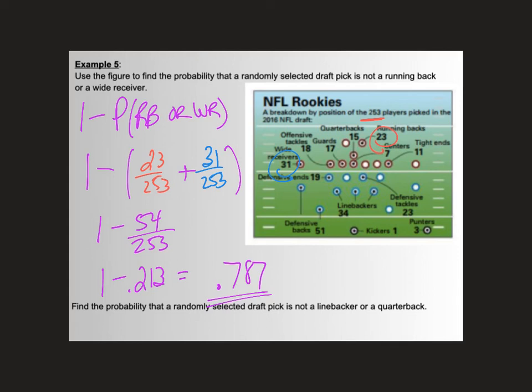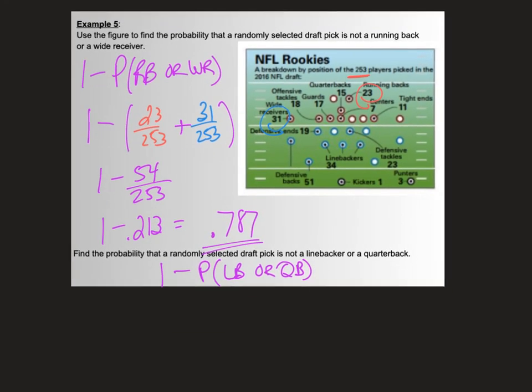So find the probability that a randomly selected draft pick is not a linebacker or quarterback. And again, the easiest way to do that is 1 minus the probability that they are a linebacker or quarterback. Okay? So when you look at this, I'm going to slide this up just a little bit. You're going to do 1 minus probability of linebacker. We got 34, right? Yeah, 34.